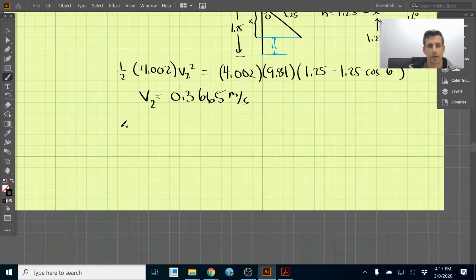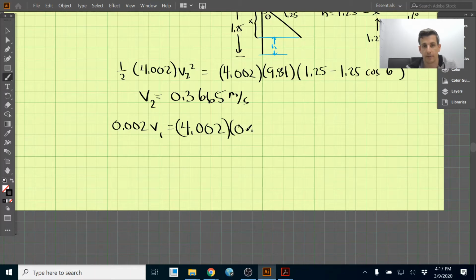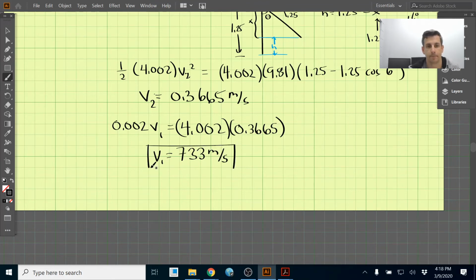So we have the mass of the bullet, 0.002 times V1, equals the mass of the bullet plus the mass of the block, 4.002, times V2, which we just found out is 0.3665. And then V1 comes out to be 733 meters per second. And that is the solution to 1539.